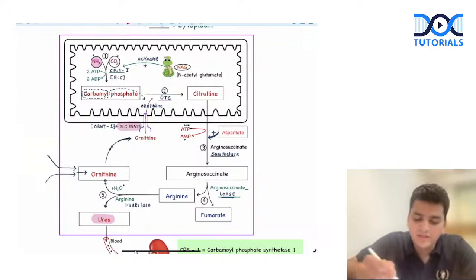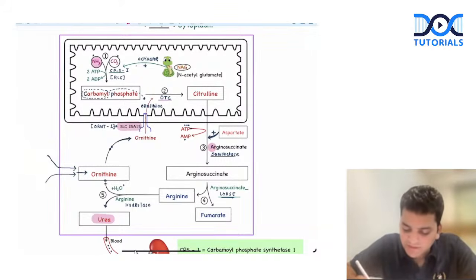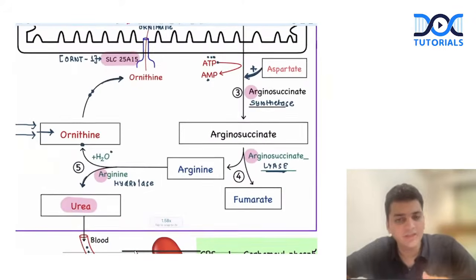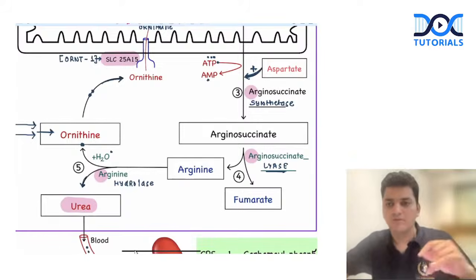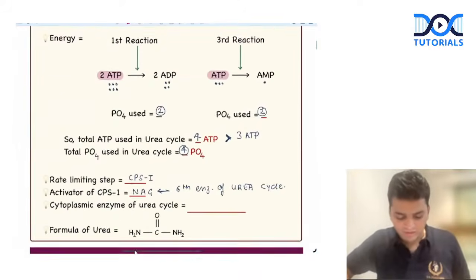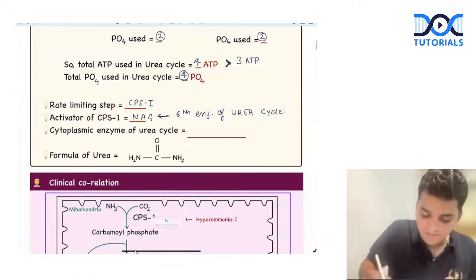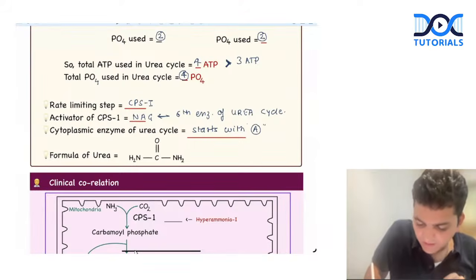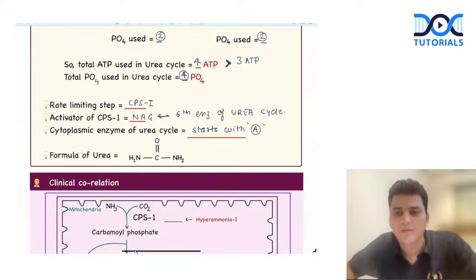Yes, rightly said, Keval, the cytoplasmic enzyme starts with the alphabet A. So if they ask which are the cytoplasmic enzymes, or all of the following are cytoplasmic except, then the enzymes starting with A are cytoplasmic. The remaining ones are going to be mitochondrial. So we'll remember it like this.